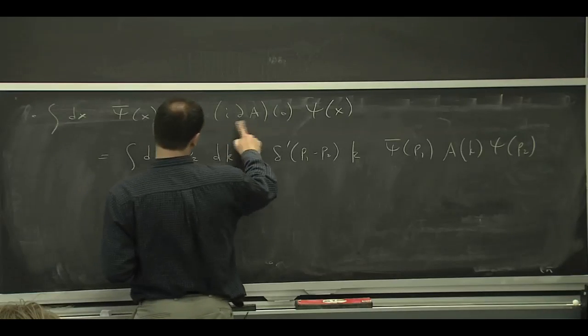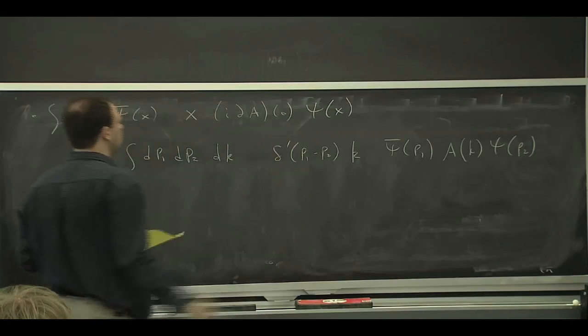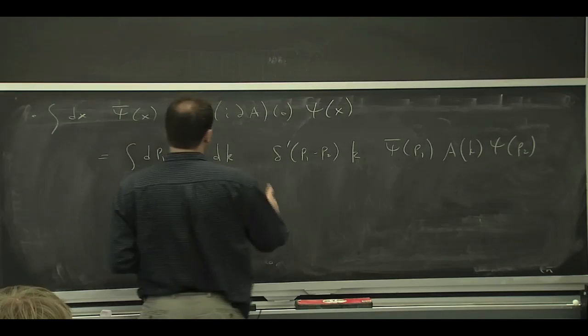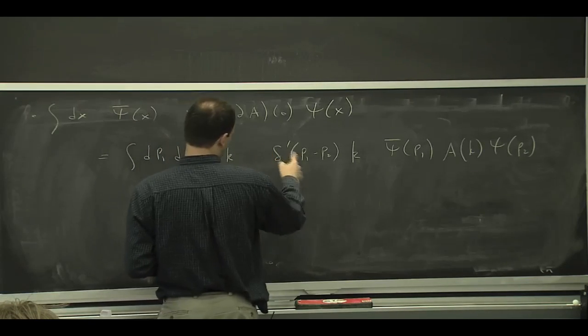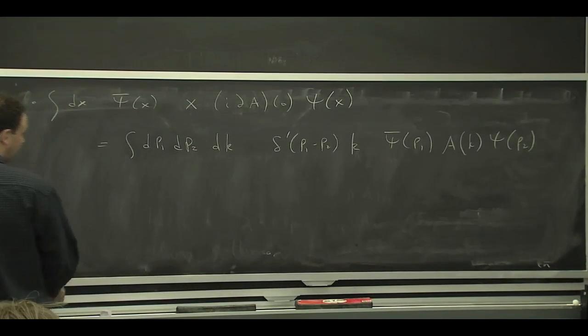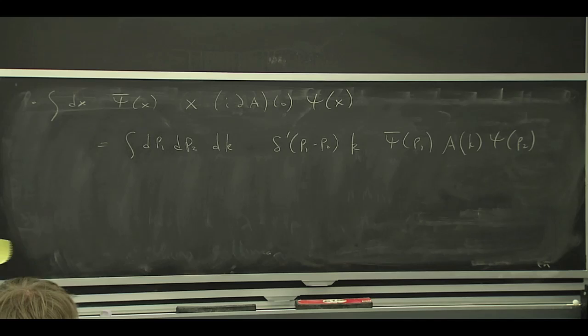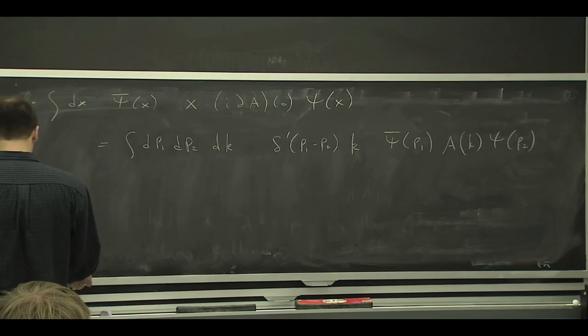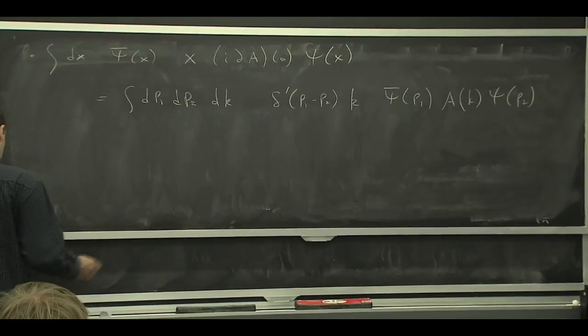Because I should Fourier transform the field, then take the derivative, then set the coordinate to 0, so I can still get a k. And this x actually just ends up leading to a delta prime. X can be written as a derivative in momentum space, and then it's a derivative on the delta function. Okay, so that's what the second order term would look like.